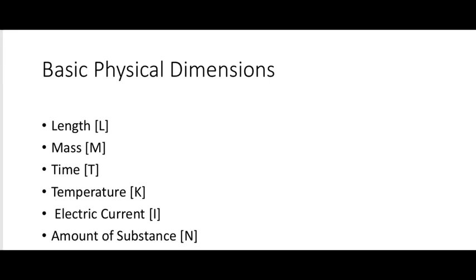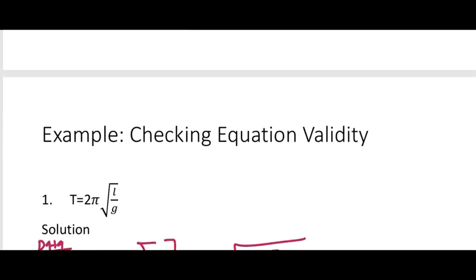That equation has to be consistent. So how are you going to show that this equation is consistent? You're going to use some basic knowledge, which is dimensional analysis. Those are some of the applications of dimensional analysis, because this is applied physics. So you can apply dimensional analysis in your research field.